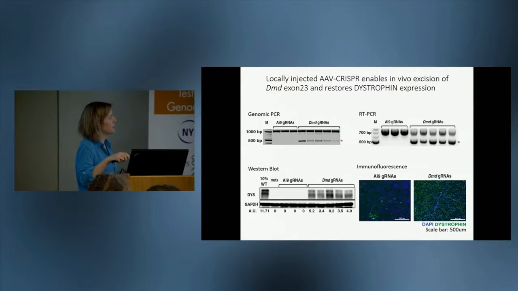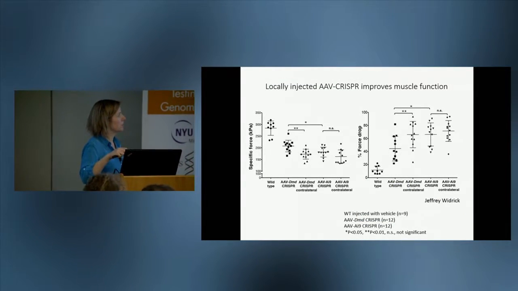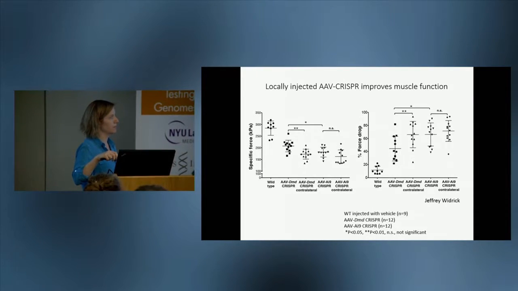This leads to excision of the exon 23 sequence, production of a truncated mRNA, and restoration of dystrophin protein by Western blot and immunofluorescence. And very importantly, it restores contractile function in the skeletal muscle where this gene is edited and it protects from damage.